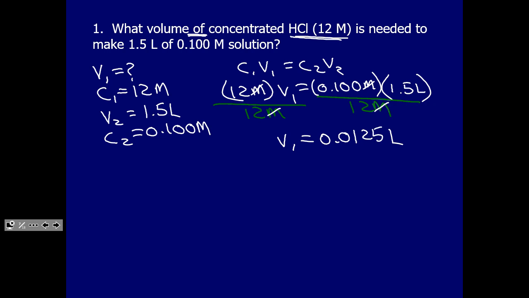If I needed to measure that in a volumetric flask or a pipette, what would... I wouldn't measure it in a volumetric flask. How many milliliters is that? Come on, folks. This is an easy one. What do you got? Yeah, it'd be 12.5. All right, 12.5 milliliters, maybe in a graduated cylinder.